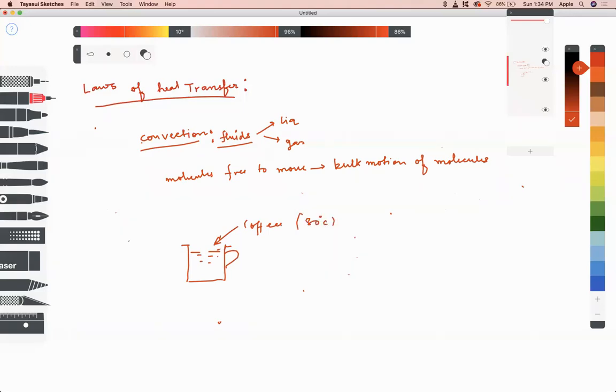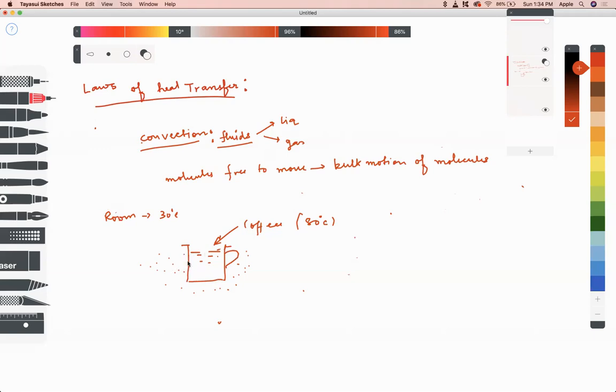We kept it in a room which is at 30 degrees Celsius. So you see, this coffee cup is surrounded by air molecules, correct? Now these air molecules will come in contact with the coffee cup, and those molecules which are in direct contact with the coffee cup will get heated up.